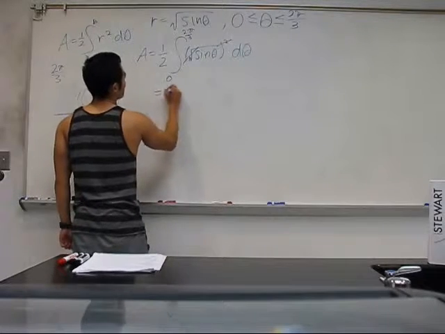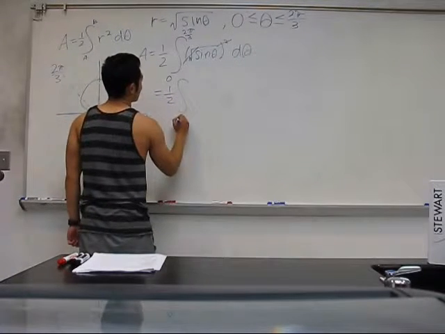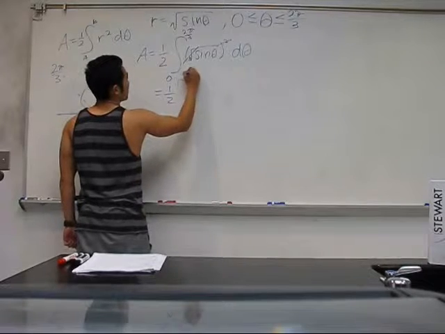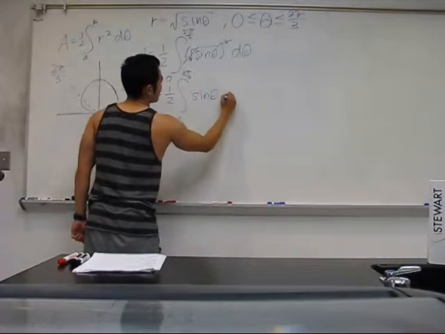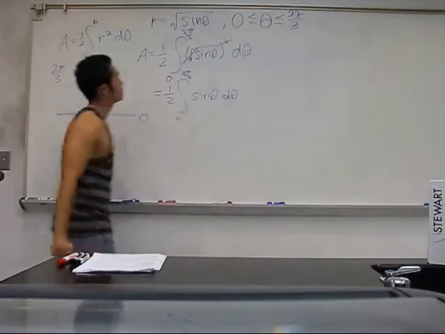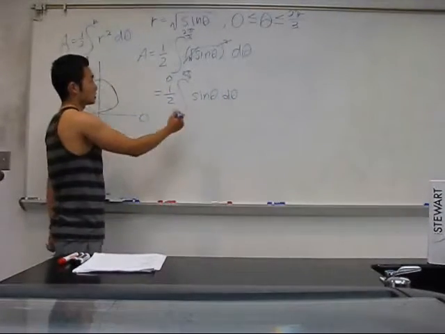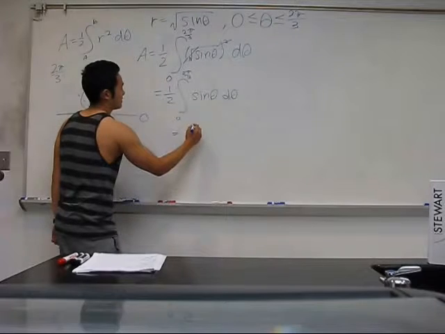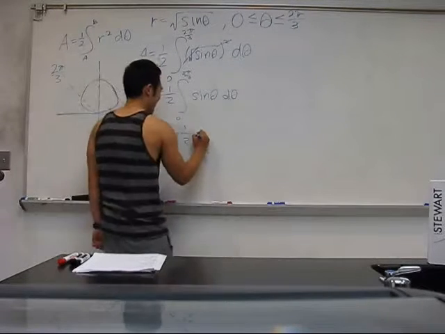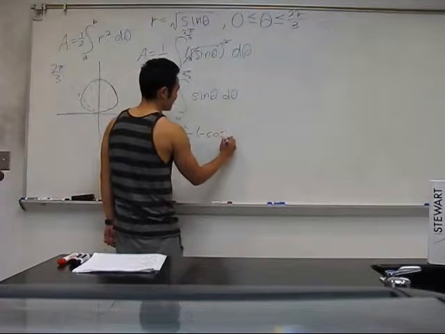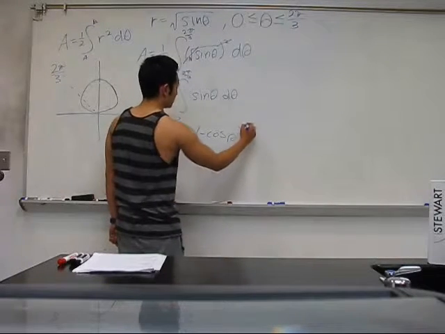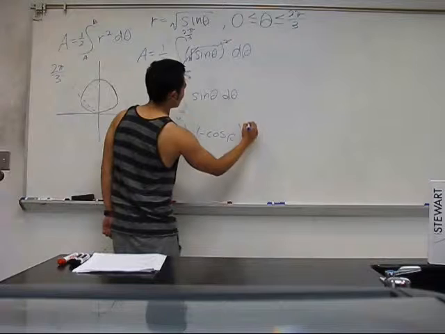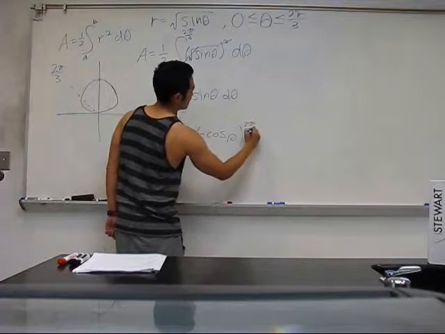And so we're going to be left with half integral of 0 to 2 pi over 3 sine theta d theta. And there you're just basically finding the integral. You get negative cosine theta. And the limits are from 0 to 2 pi over 3.